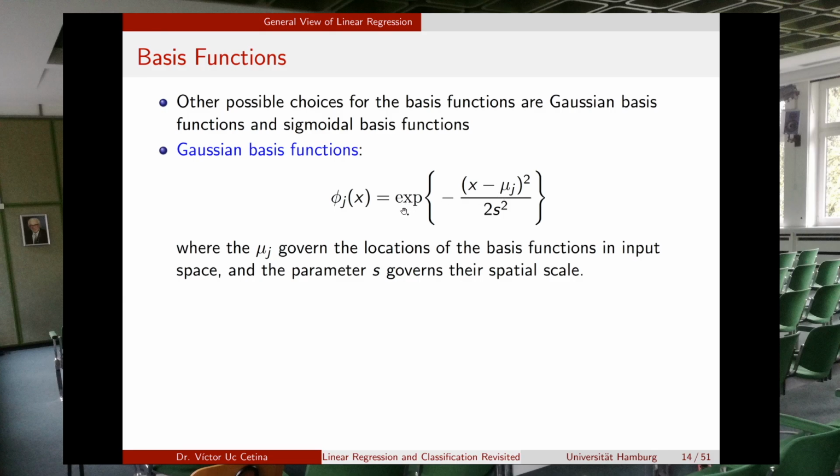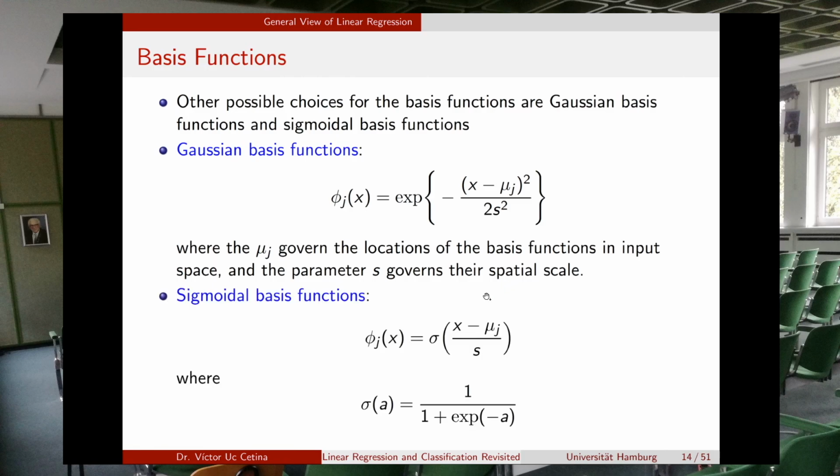Remember that this exponential has a bell-shaped form, so this mu is going to be in the center of it, and this s is simply a parameter or a constant that will allow you to change the width of this bell-shaped function. So it says here the mu governs the locations of the basis functions in input space, and the parameter s governs their spatial scale.